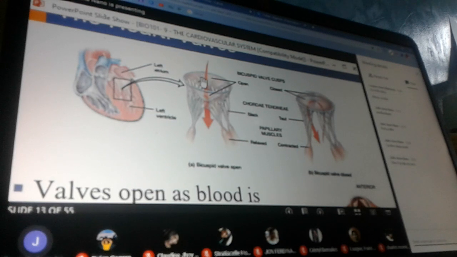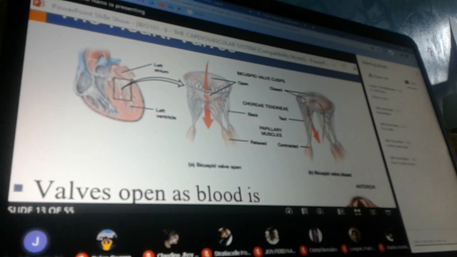So, pag open ang valve natin, ito yung itsura niya. Okay? Tapos si chordae tendineae class. It is a tendon. Slack lang siya or kumbaga hindi siya nakakontract. Okay? So, nakarelax na din yung papillary muscles natin. Now, once na ma-close na siya, ito na yung itsura.